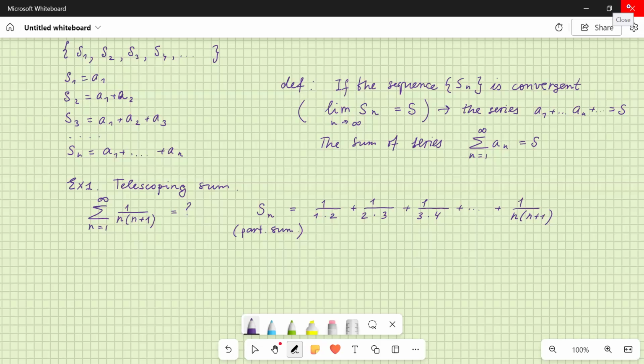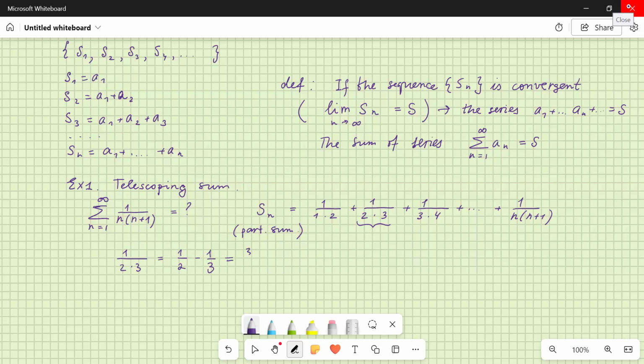What I'm going to do, guys, I'm going to consider this fraction and do some scratch work over here. Please watch. I'm going to represent this fraction as a difference of two fractions: 1 over 2 minus 1 over 3. Let's see if it is true or not.